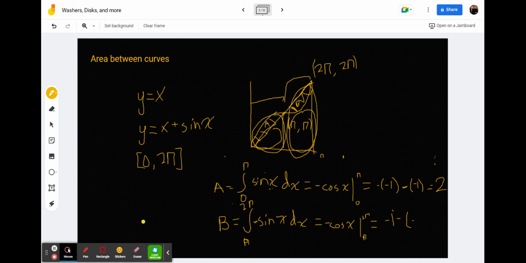This should be negative because it'll be x minus the integral of x plus sine x. So actually this will end up being the integral of negative sine x. Forgive the error. But that means it's just cosine x from 2 pi to pi, which is going to be 1 minus negative 1, which is again 2.